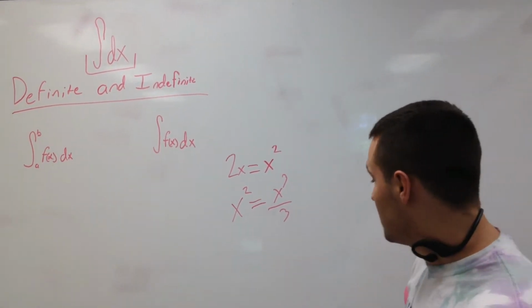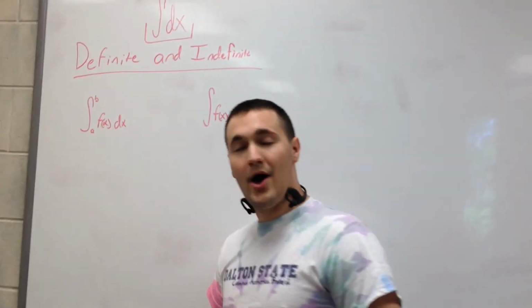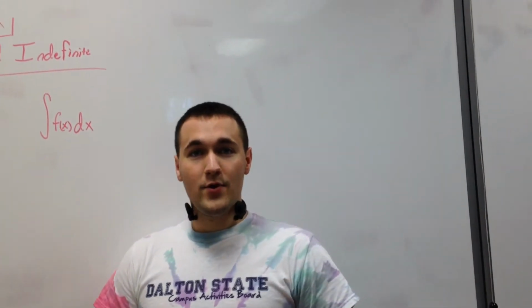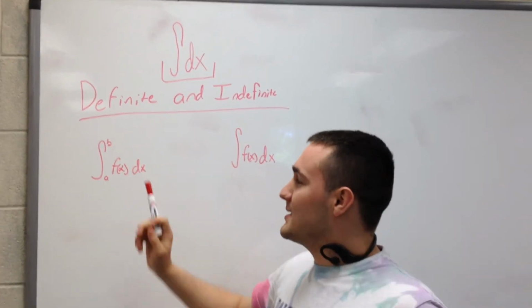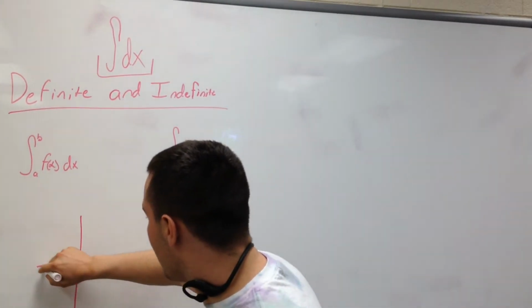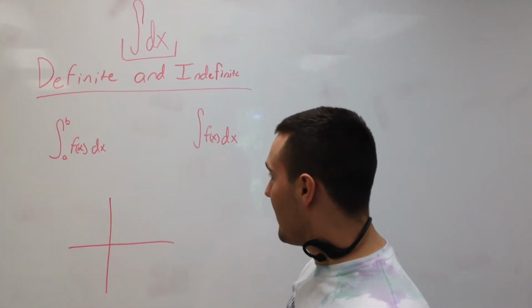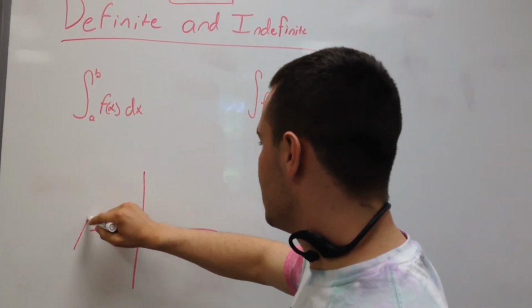So, that's really explaining indefinite integrals, but what about definite integrals? What if you have a point B and an A mixed in with your integral? What that's saying is, on the x and y axis, on a said graph, say sine x.